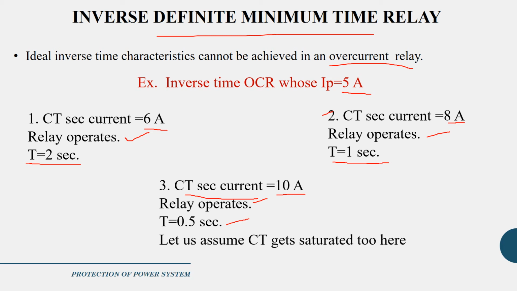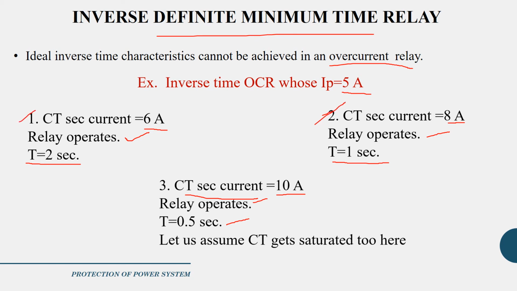Now when the CT has become saturated, if the system current increases, we will not see the CT secondary current increase, because the CT has already saturated. Therefore, from this phenomenon, it is clear that from the pickup value up to a certain range of fault level, inverse time characteristics can be seen.